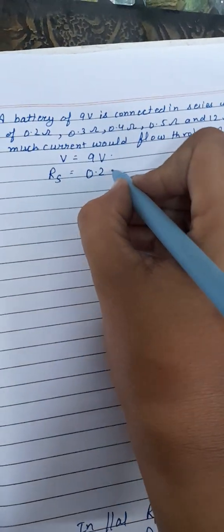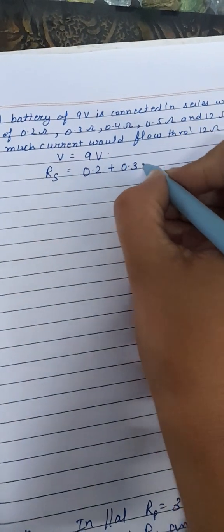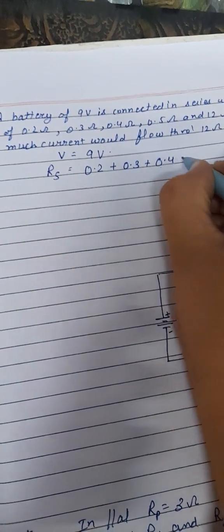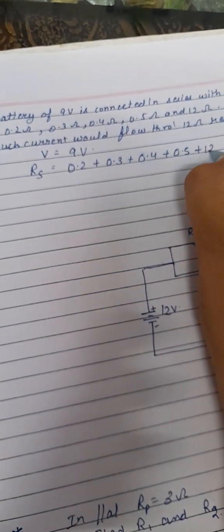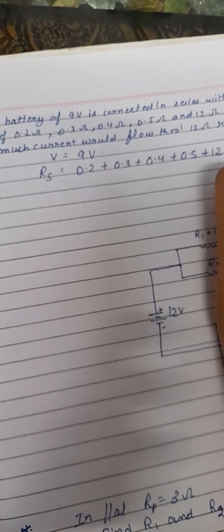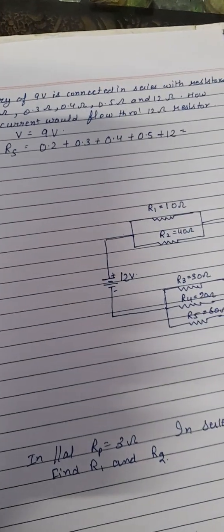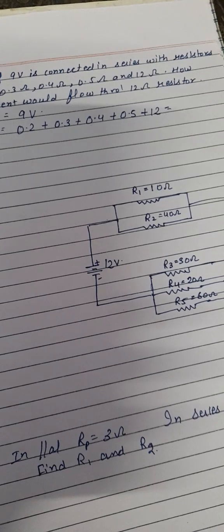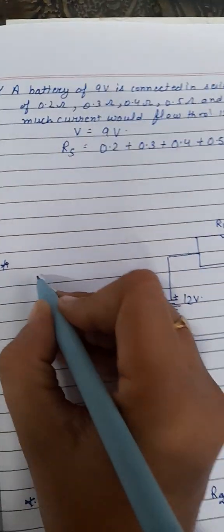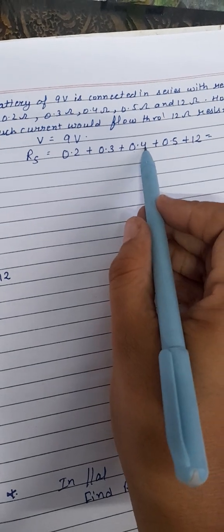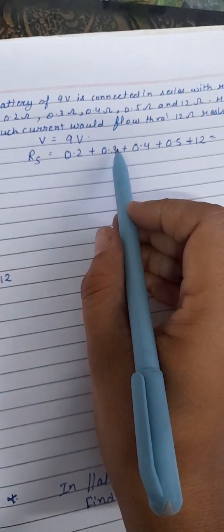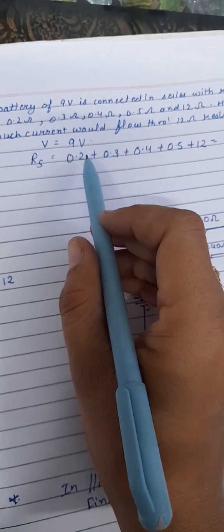First resistance is 0.2, next is 0.3, 0.4, 0.5 plus 12. You have to add all these terms. If you add all these terms, you will get 12, then 4, 5, 9, 9 and 3, 12, 12 and 2 is 13, means 1.3.